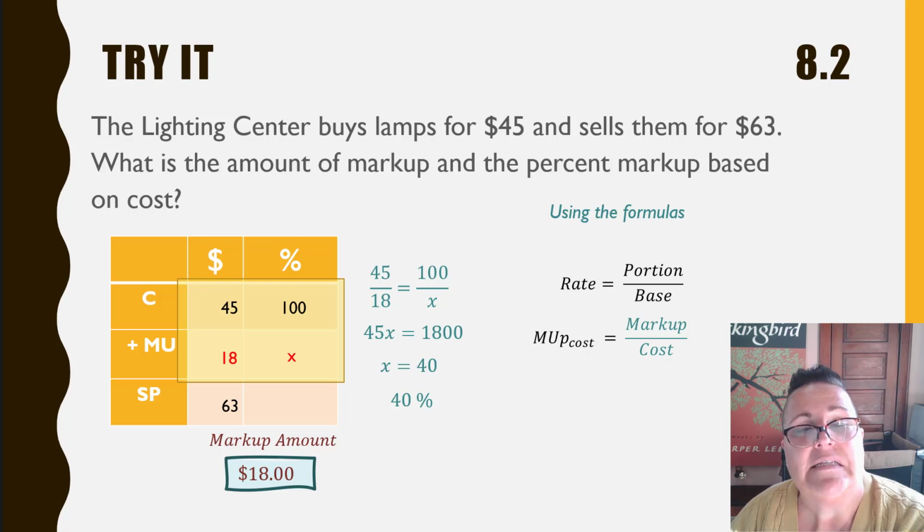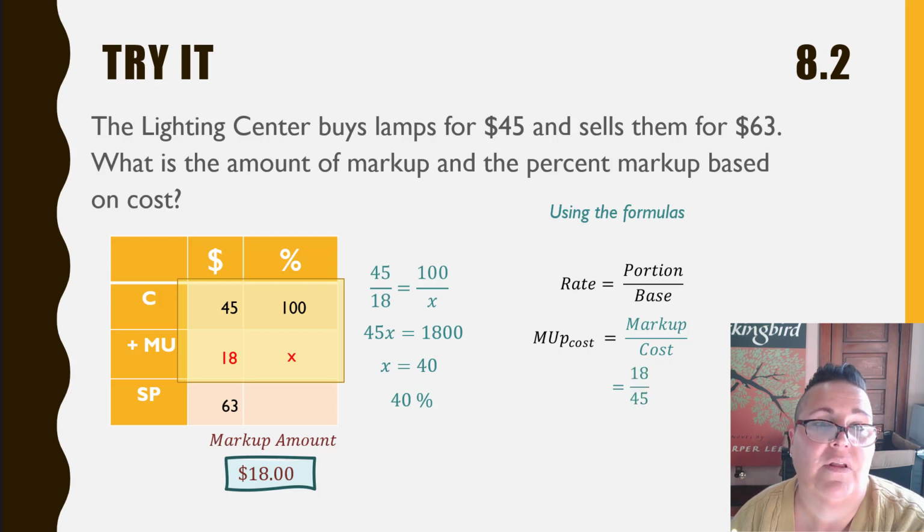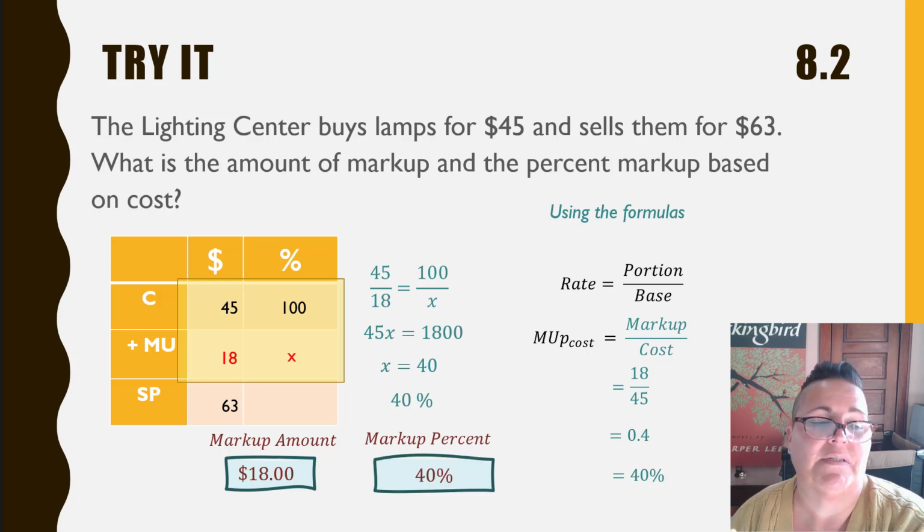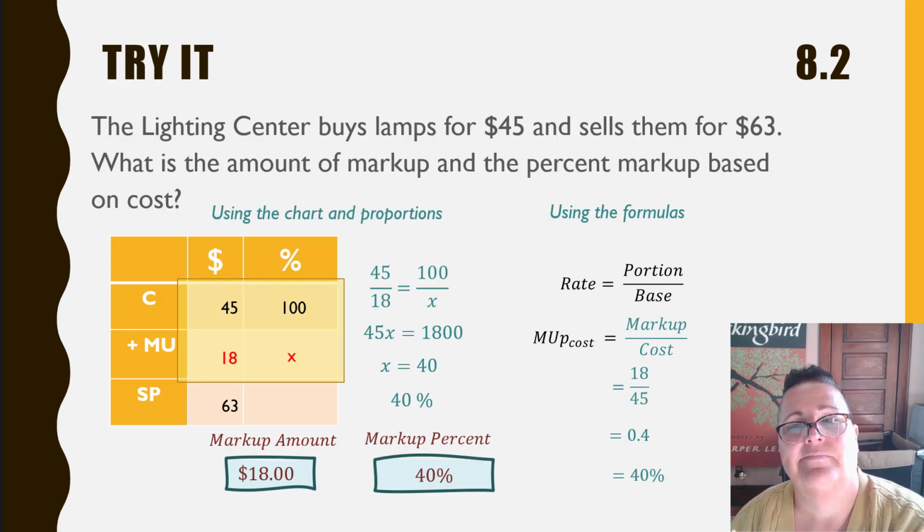So our markup based on cost is the amount of the markup divided by the cost of the item. Or in our case, 18 divided by 45, which when I divide that out is 0.4. That's not a percent. I do need to multiply by 100 to get the percent, and I get that the markup percent matches what it did in the chart, and I get 40%. Out of order, but hey.